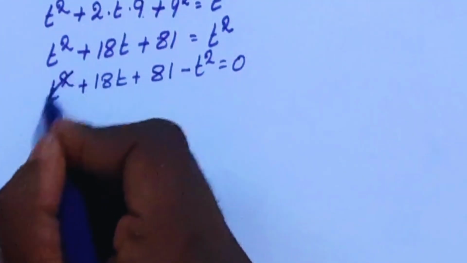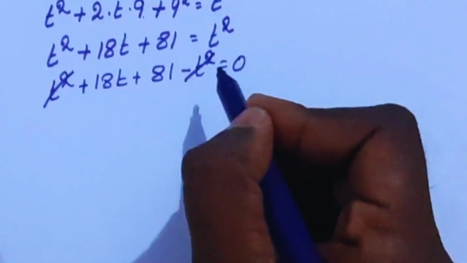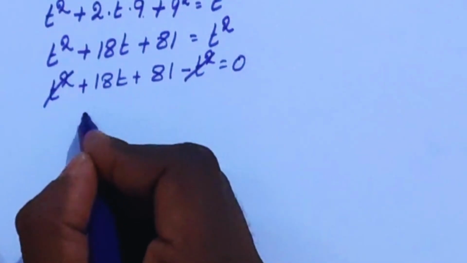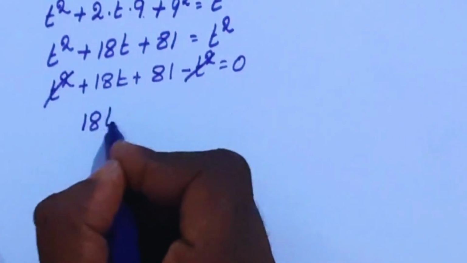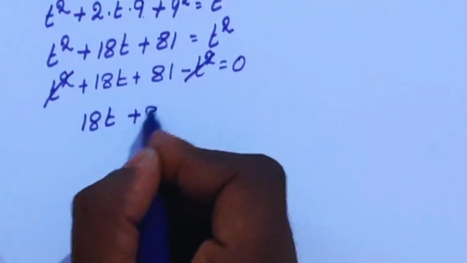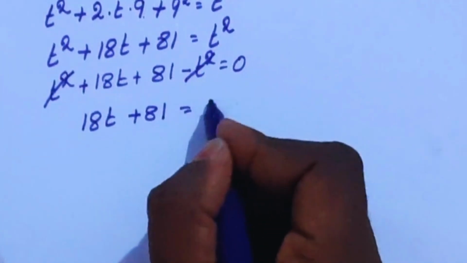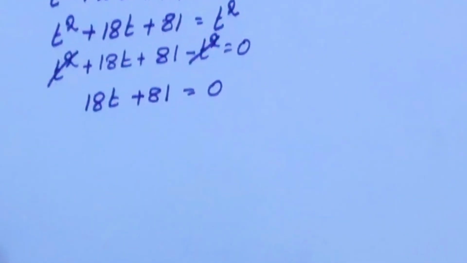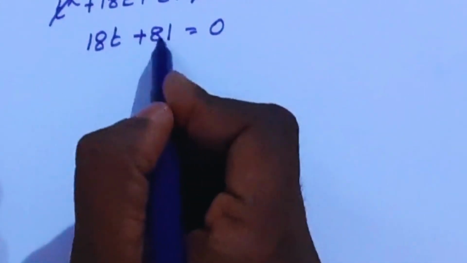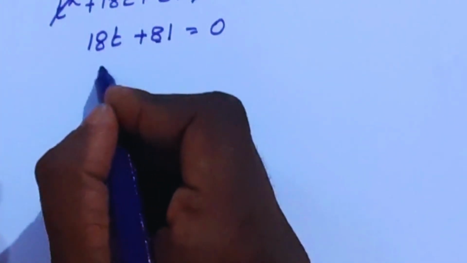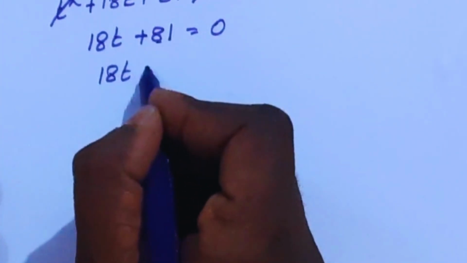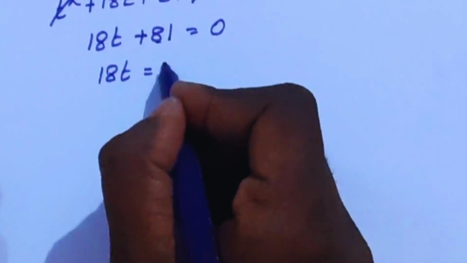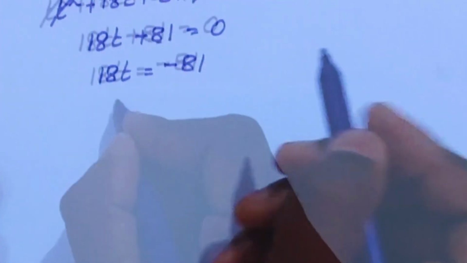Now this t square and this t square cancel each other. Now we have 18t plus 81 equal to 0. Now we are moving the 81 to the right hand side. So 18t equal to minus 81.